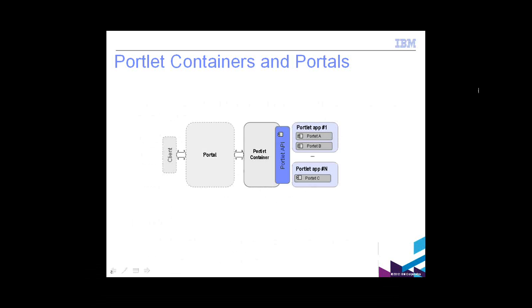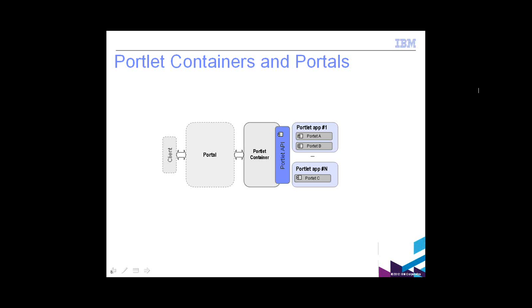All right, next slide. Now this is a very good diagram to explain some of the concepts that I was talking about. The client is actually a web browser. So if you are a client sending requests to, let's say, the iGoogle URL or probably your company intranet site, it reaches the portal. Then the portal dispatches that request to the portlet container.